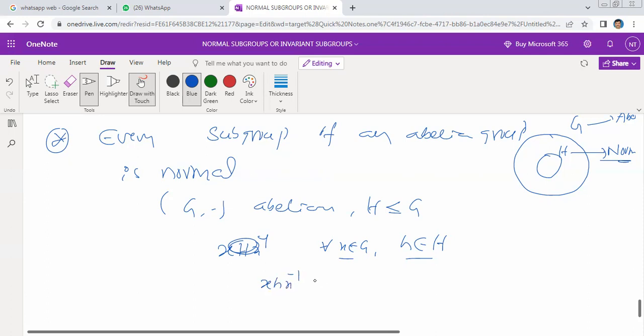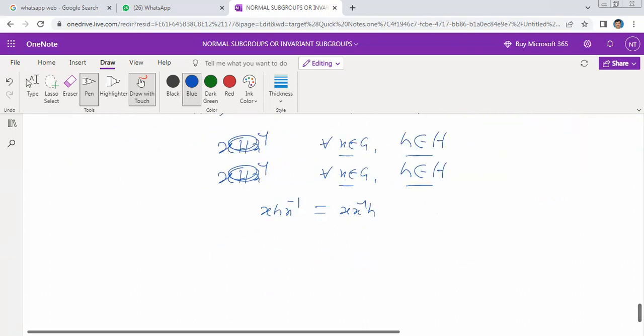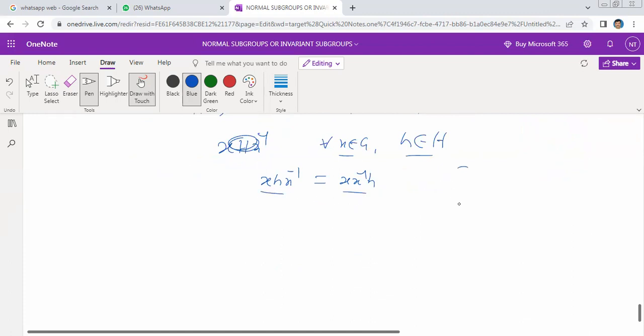You observe here, X h X inverse, because G is abelian, I am writing like this. See, X belongs to G, h also belongs to G. Yes, h is an element in H, because H is a subset of G, automatically it is an element in G.